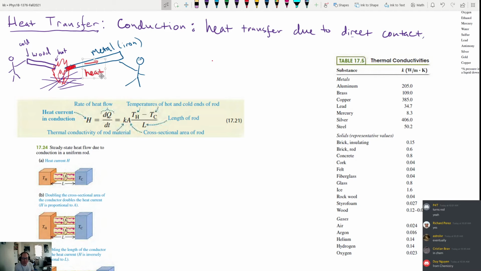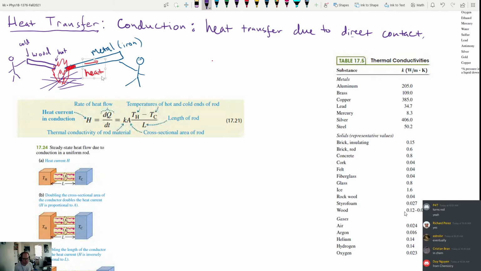And, yeah. So down here at the bottom, if you compare these numbers to the numbers for the metals, you can see that things like bricks, concrete, cork, glass, styrofoam, and wood are all basically insulating materials, and you can quantify just how well they work as insulators by the fact that all these numbers over here are very, very small.